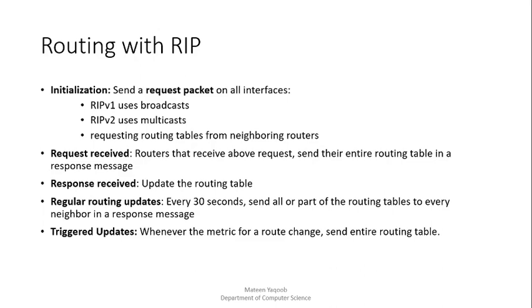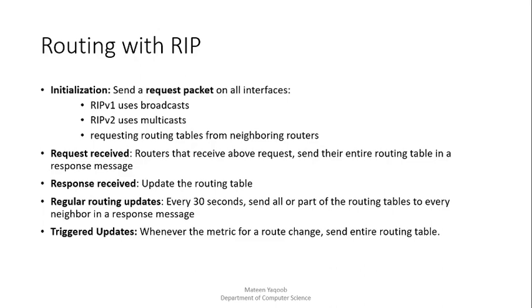This request packet is sent to the neighboring routers in order to get their routing tables and their updates. Whenever a request from a router is received, the receiving router will send its entire routing table in a response message. As soon as the response message has been received by the requesting router, it will update its routing table.